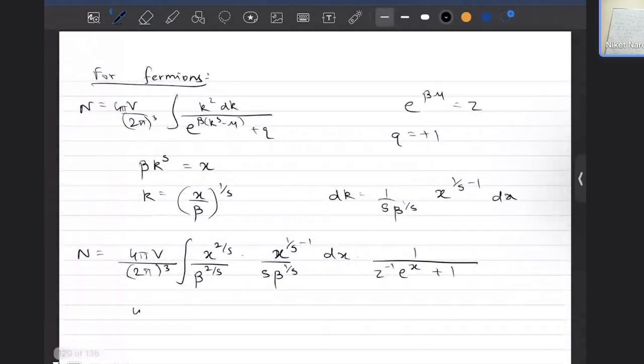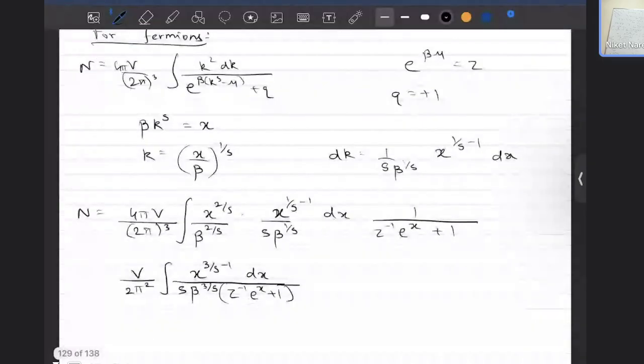So what we have is 4 pi V, and just simplify these constants, writing them again and again, V divided by 2 pi square, integral x power 3 by s minus 1 dx divided by s beta raised to power 3 by s, into z inverse e power x plus 1. This is what we end up with.